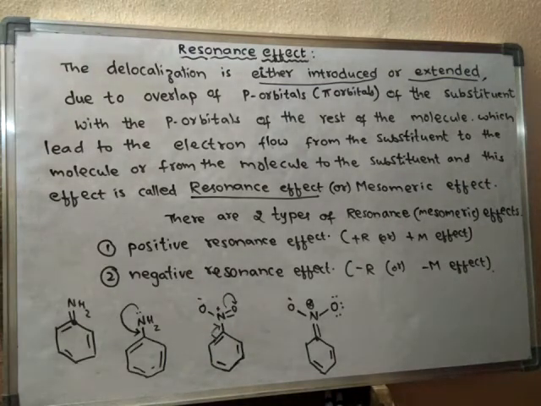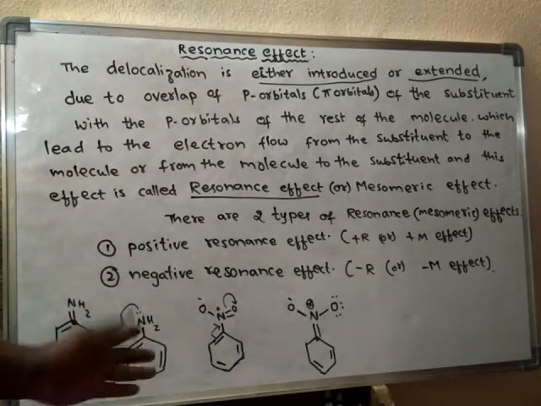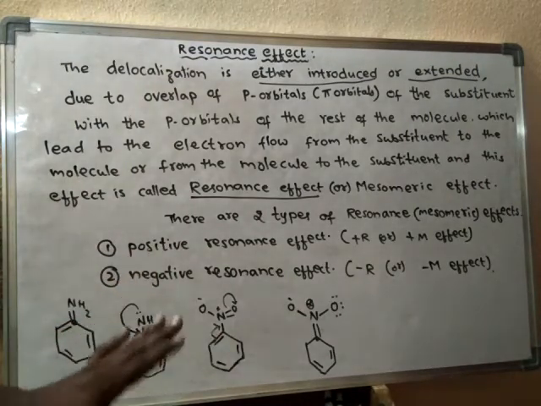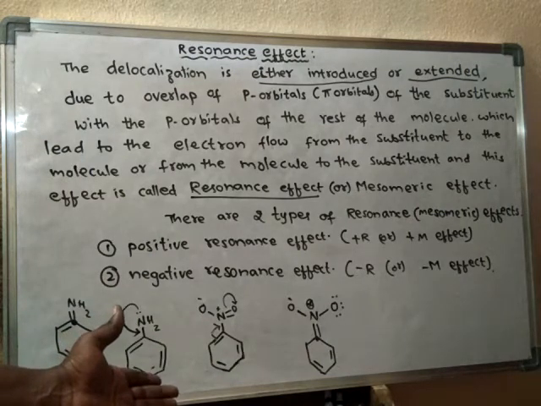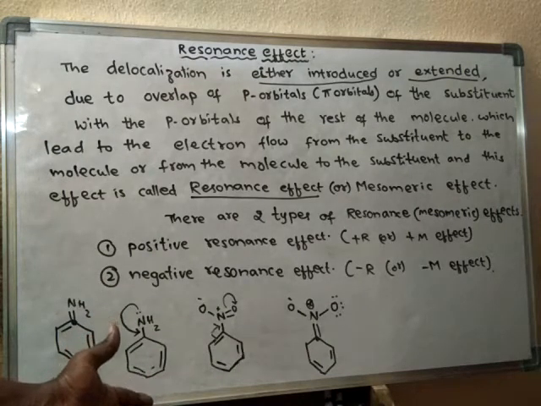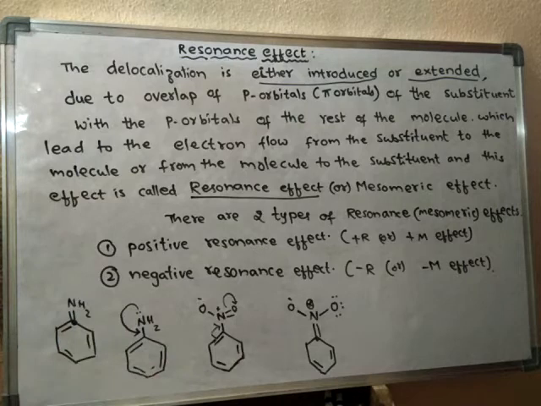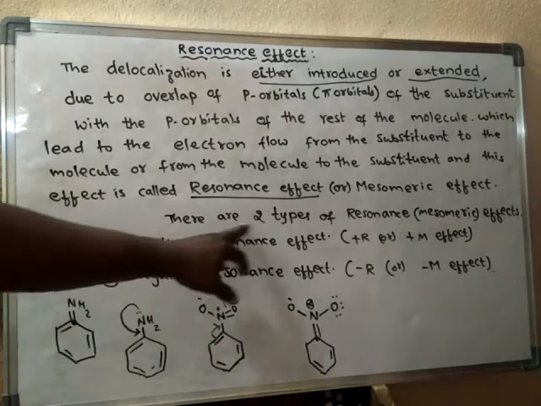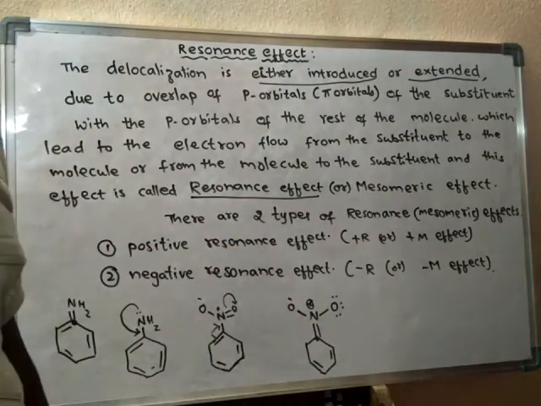Okay, such an effect is called the resonance effect. Depending upon the flow of electrons, either from the molecule towards the substituents or from the substituent towards the molecule, there are two types of resonance effects.